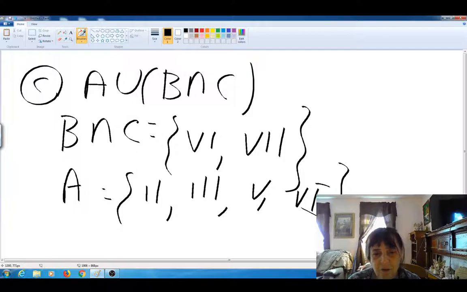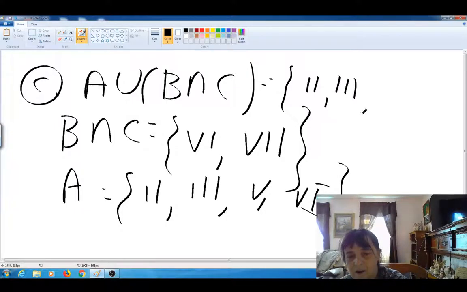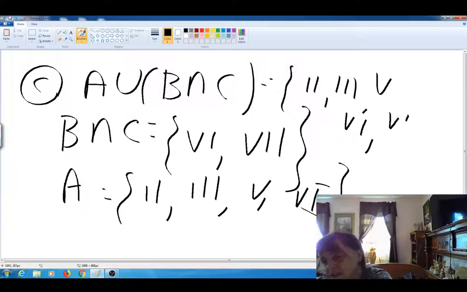So A union B intersect C is 2, 3, 5, 6, and 7.